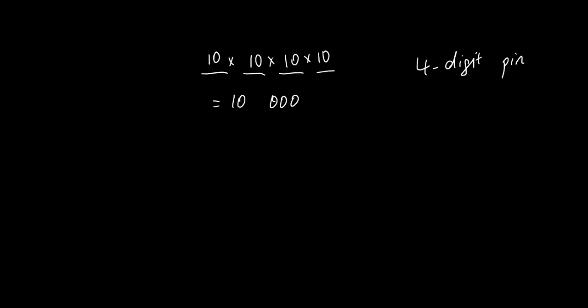So if you have a pin that has 4 digits, what yours is, it is there. Your combination is there in that 10,000. But remember, here the numbers are allowed to repeat.